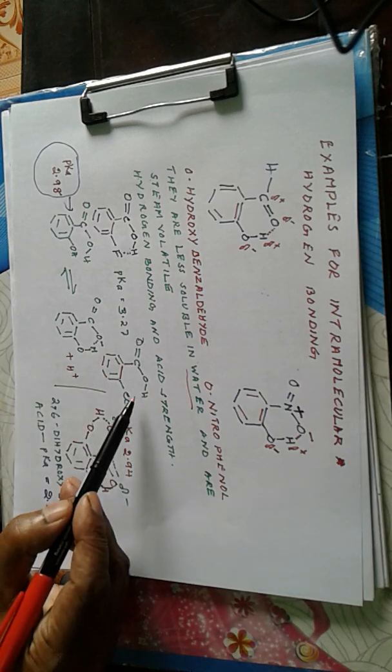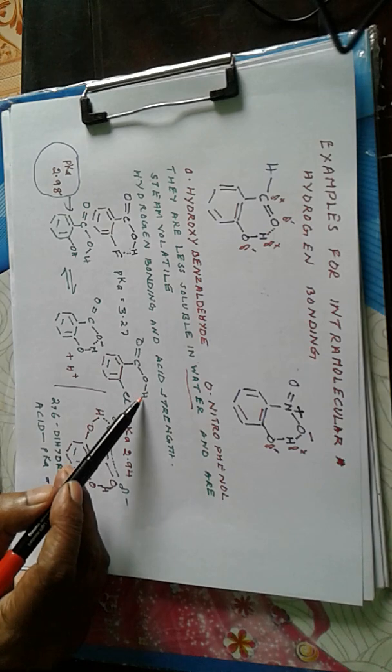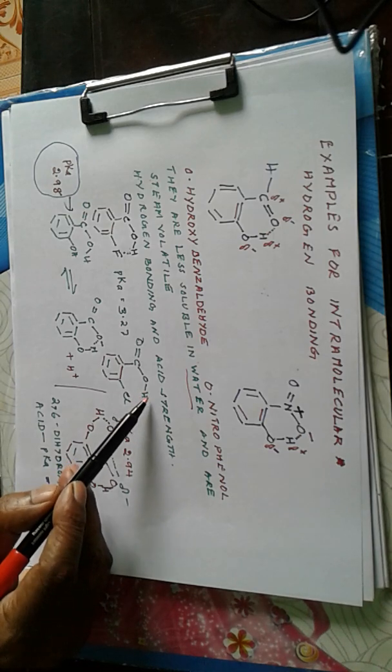Then when we consider orthochlorobenzoic acid, there is no hydrogen bonding, so removal of H as H positive is made easy in this case compared to orthofluorobenzoic acid. So when we compare orthofluorobenzoic acid and orthochlorobenzoic acid, orthofluorobenzoic acid has a higher pK value or lower acid strength because we have to break the hydrogen bond formed between fluorine and the H atom in the OH bond.